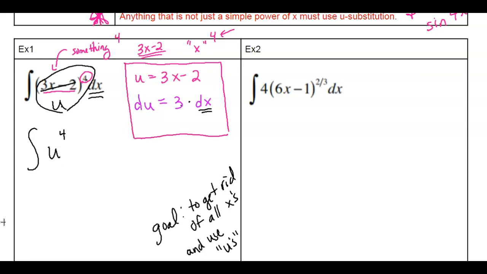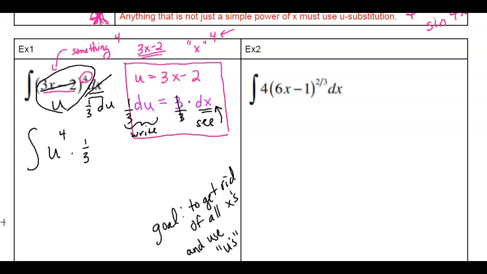Well, I just want dx. So what I can do is divide both sides by 3. There's like a 1 here. And so if I see dx, I can write 1/3 du.